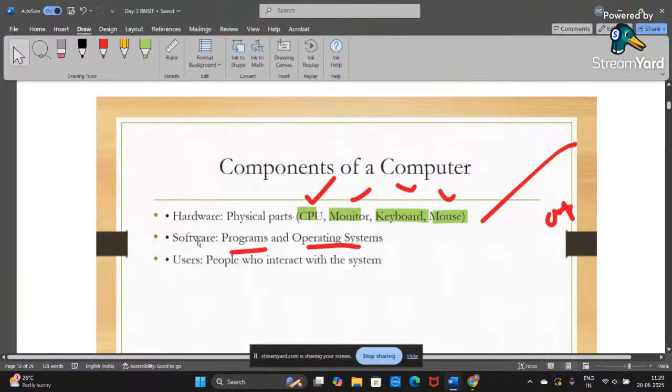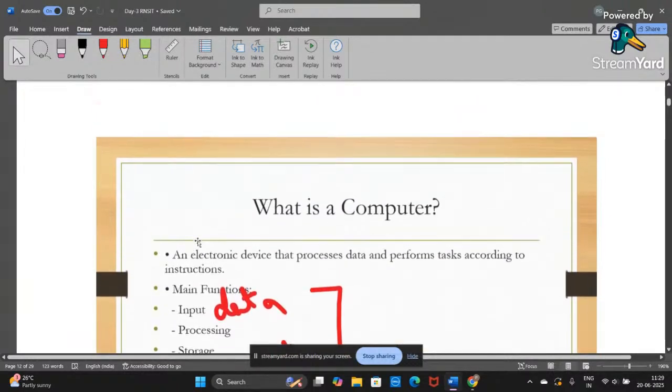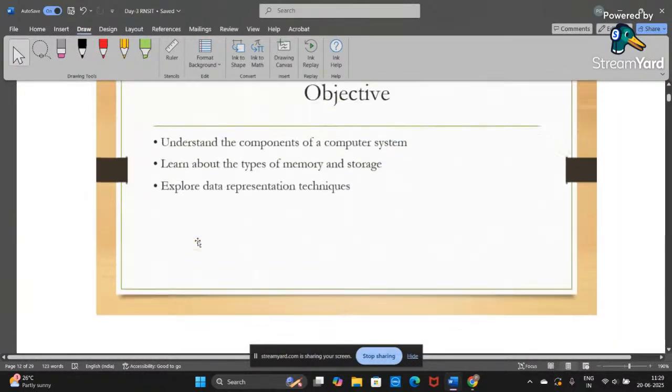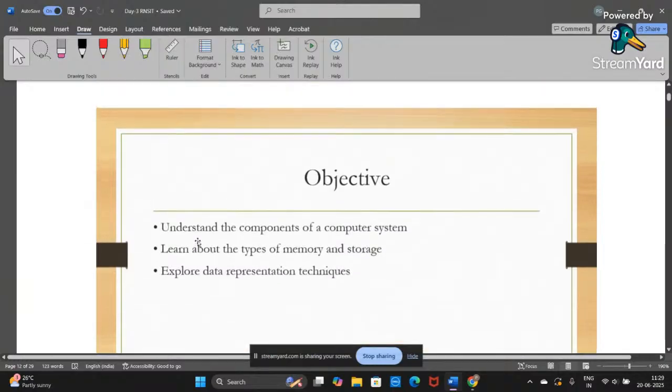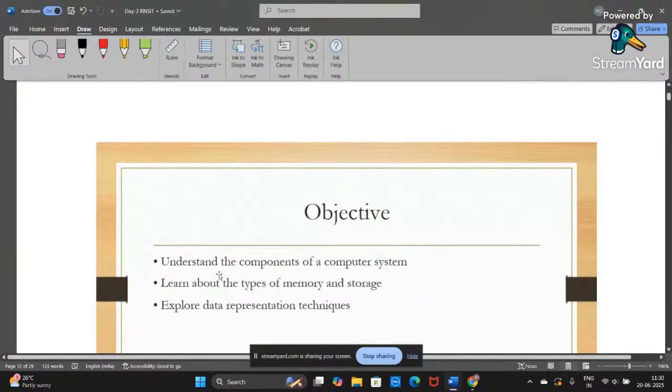User is nothing but people who interact with the system. Now we have seen the components of computer system, the types of memory and storage, what is data representation and how to convert from binary to decimal and decimal to binary. Okay, now you all can take a break of 15 minutes and you have to be back exactly at 11:45.